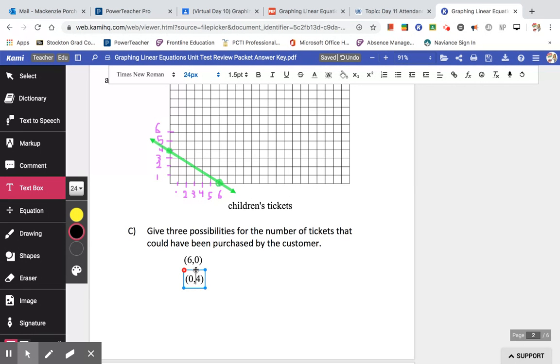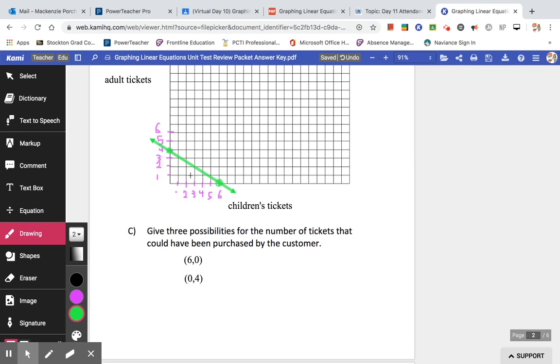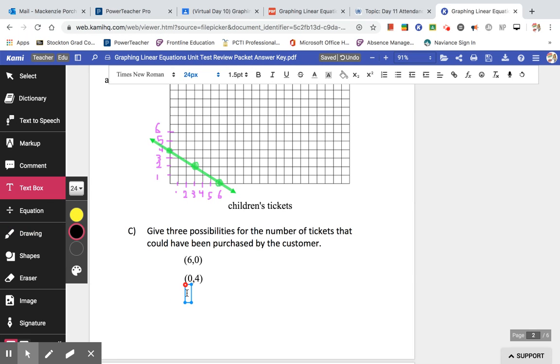I will be very lenient here because I know it's not the easiest to find points on the Kami graphs, but you're looking for a place where it lines up with a corner. If I had to guess, right here would be a nice point that lines up with the corner of a graph. But again, I'll be a little bit lenient if you pick this point or this point. It's not technically on the graph, but I will take that because we're using Kami graphs. This goes over 3 and up 2, so that point will be 3, 2.